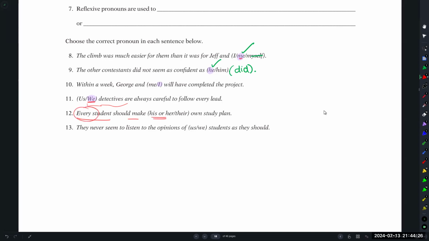Every student, each one of them, singular. Each one of them. It's one student, each one of them. This is singular.